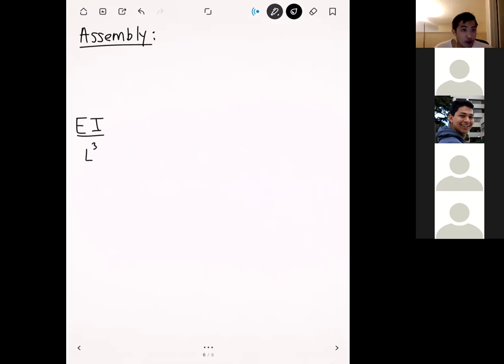Out in front, we're going to have EI over L cubed. And then we're going to have 6 columns here: U1Y, theta 1, U2Y, theta 2, U3Y, theta 3.